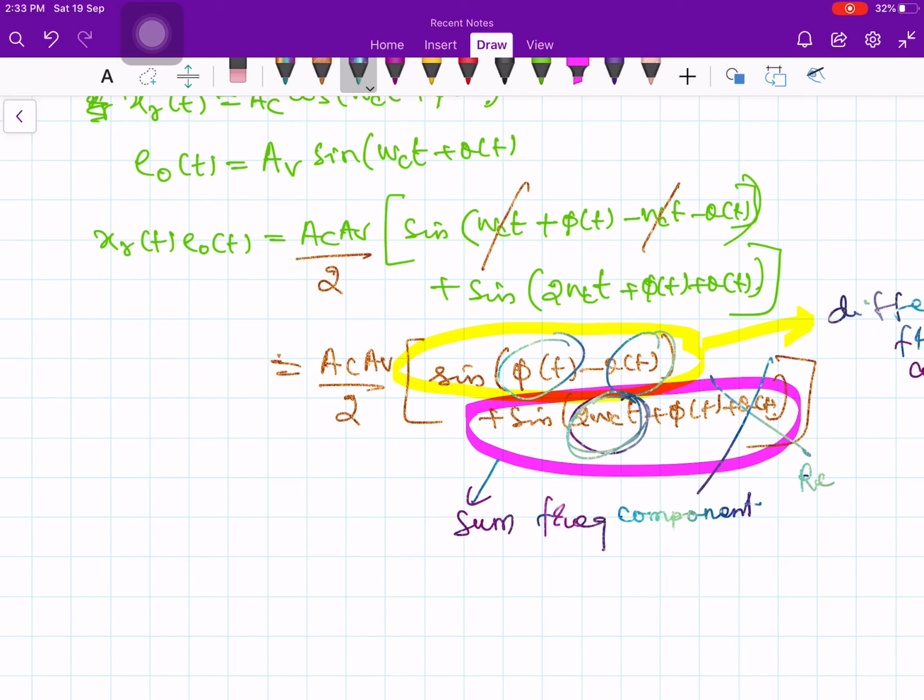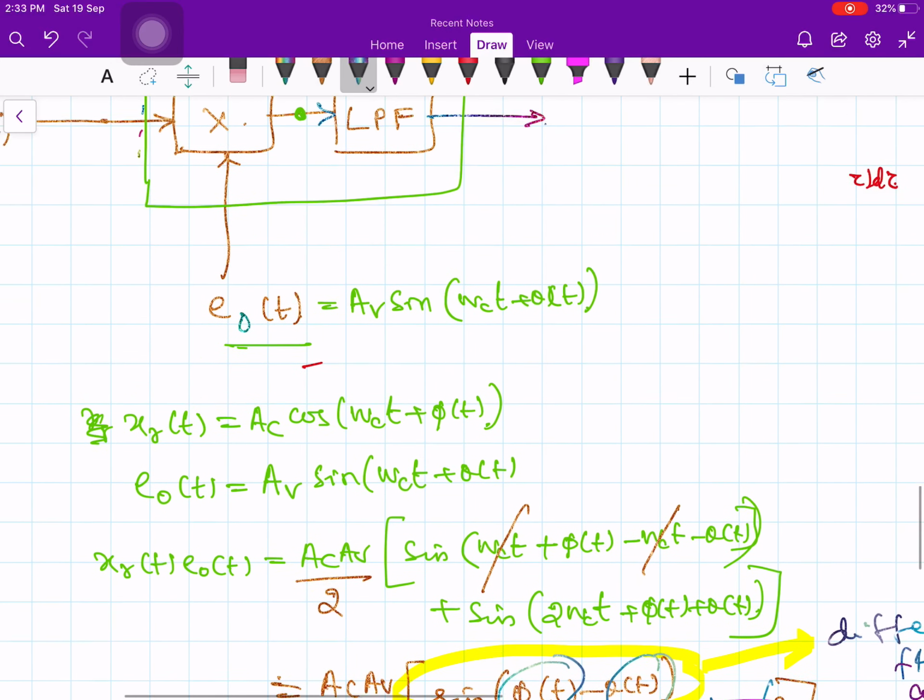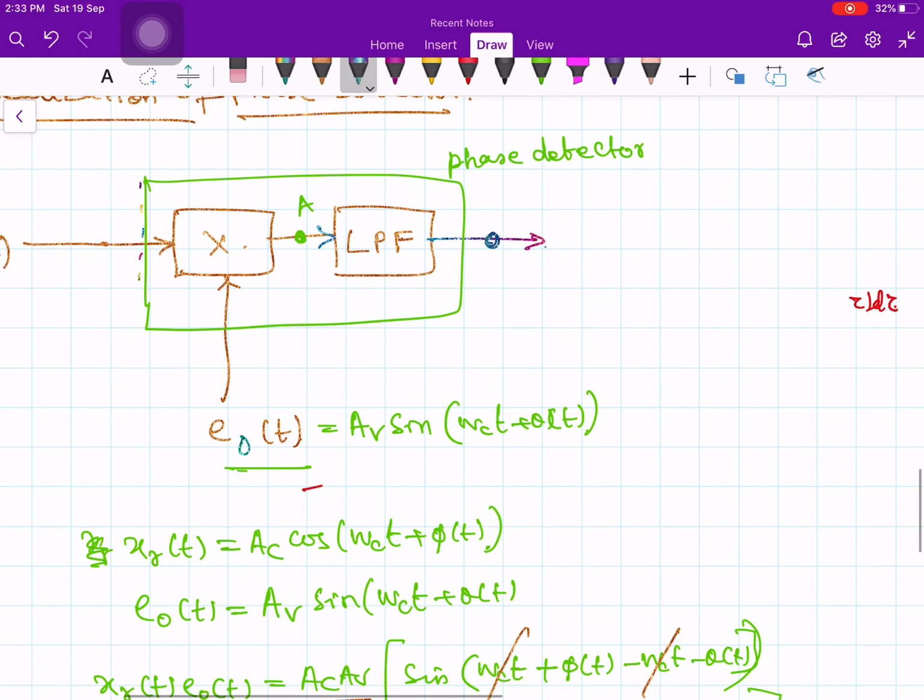So if you look at the output of the low pass filter, at this point let me call B, it contains only the difference frequency component. Therefore I am realizing the phase detector as a set of these two blocks, a multiplier and a low pass filter.